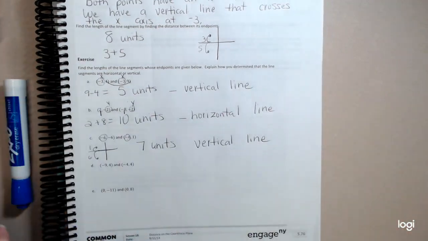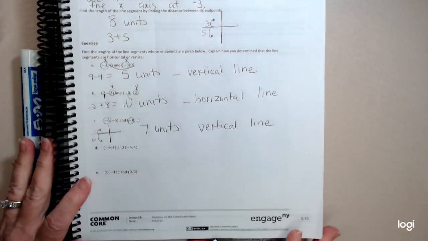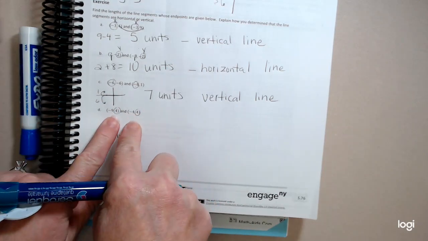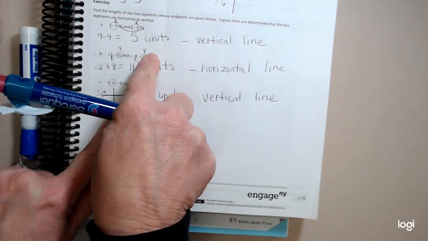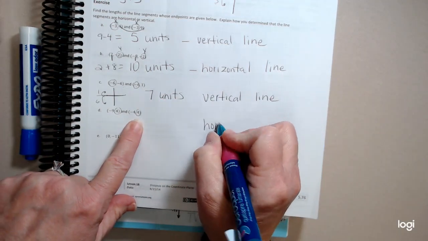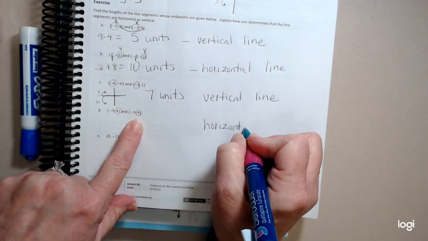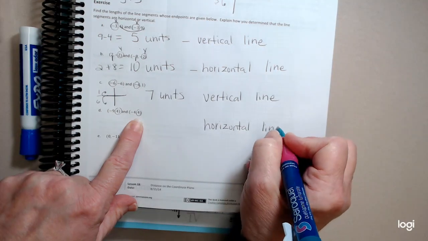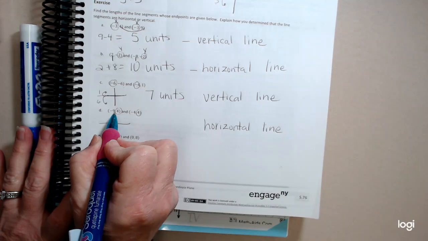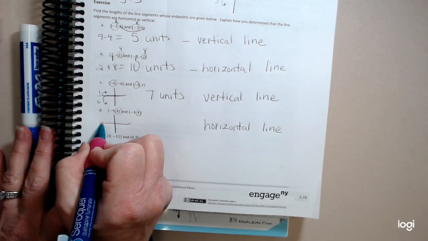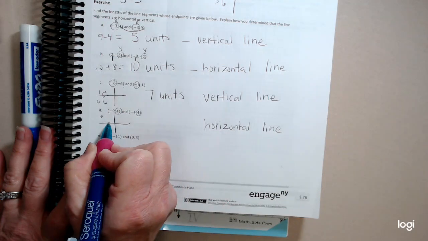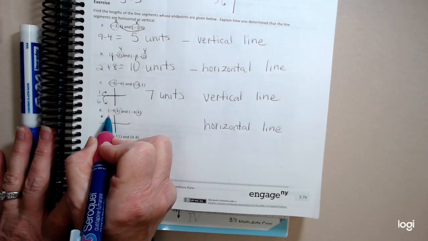Solve our last two. Okay, let's look and see. What do we have in common? It looks like the y coordinates are the same. We found out when the y were the same, we're going to have a horizontal line. Let me make a quick little picture for myself and see if I can figure this out. (-9, +4) would be about right there. (-4, +4) would be about right there.